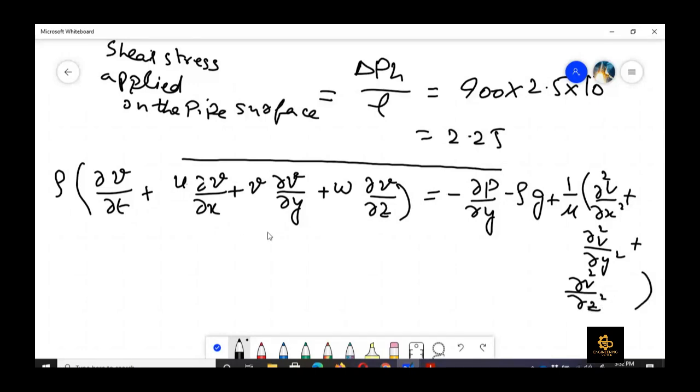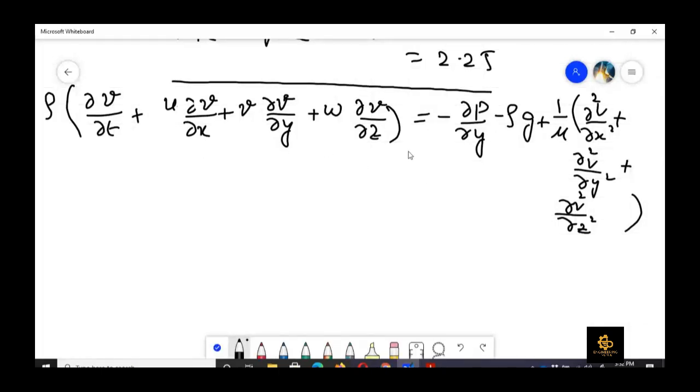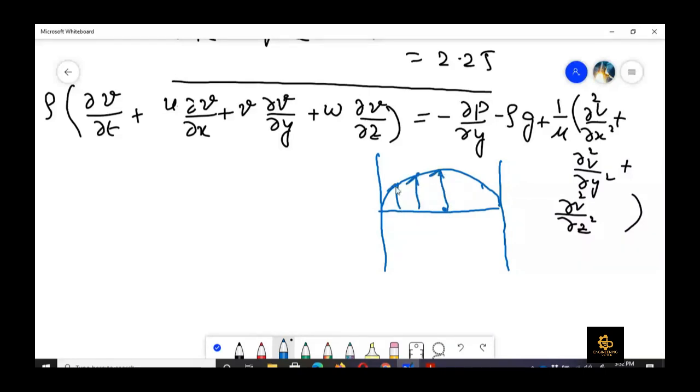Right. Let me draw that here for simplicity of the discussion. If I draw those plates here, now we are going to start the x-axis from the center, because if we see the velocity profile, it would be something like this, because it is going upward.